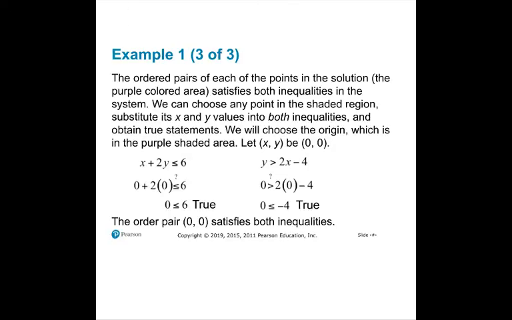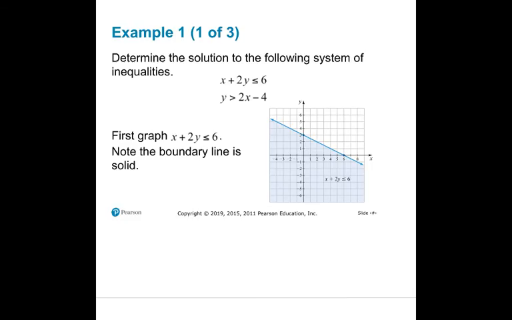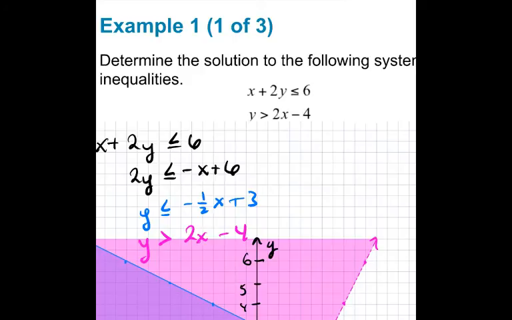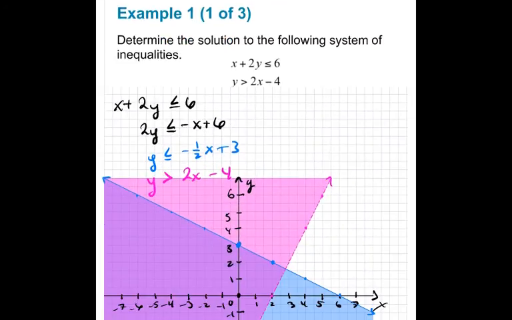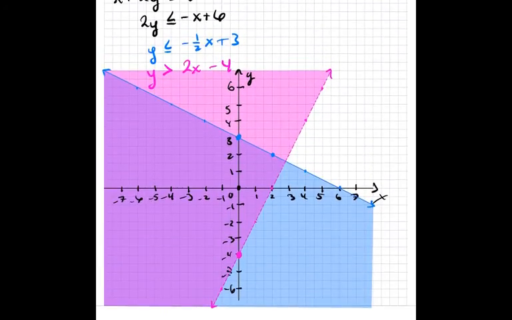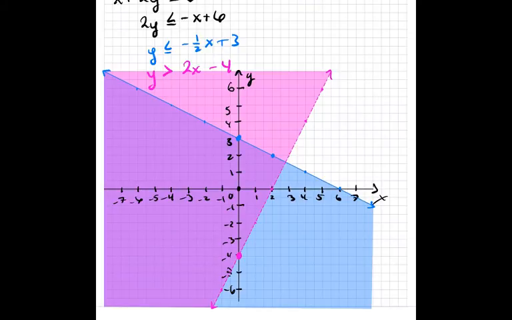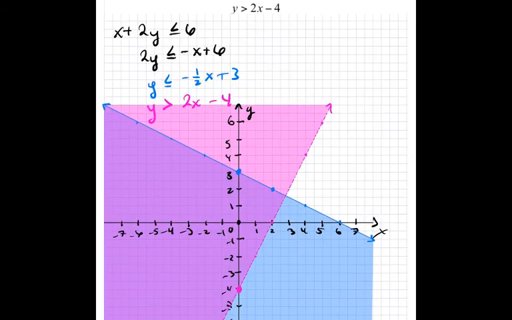Now to check, what we could do is choose a few test points, right? And make sure that they all work. So for instance, let's go back to our graph, just to check. Okay, so if we're saying that this is the solution, I want to move this over a little bit.